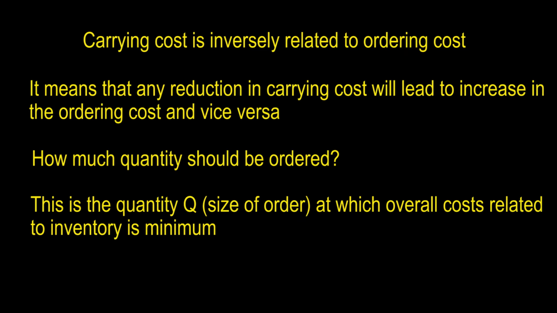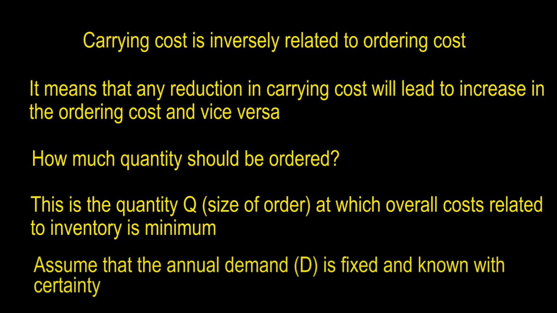So the question is how much quantity you should order so that total inventory cost is minimum. This is what the EOQ is: the quantity or size of order at which overall cost related to inventory is minimum. We assume that annual demand is fixed or known with certainty.